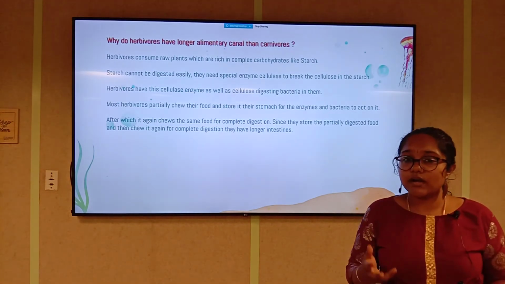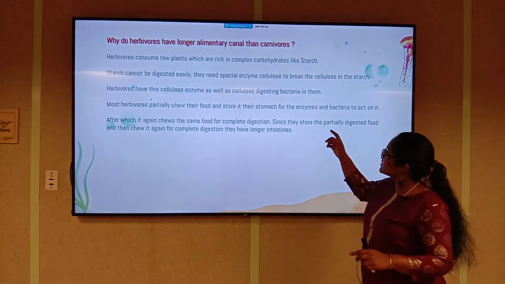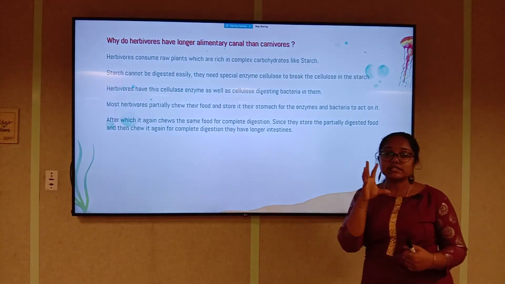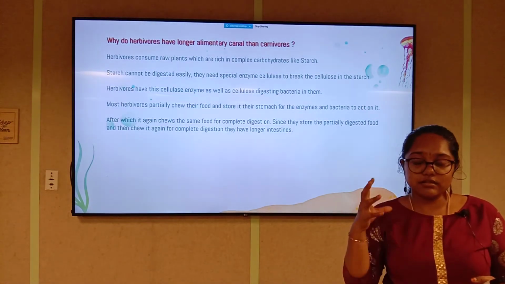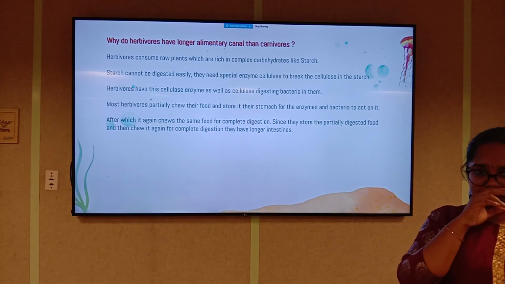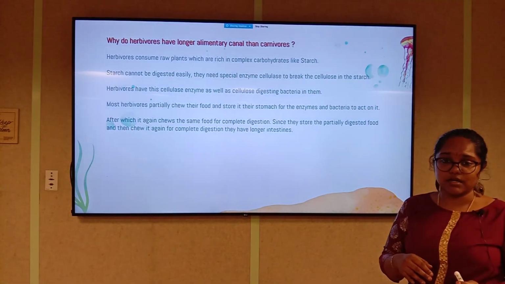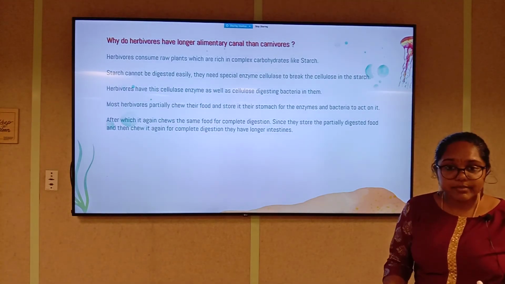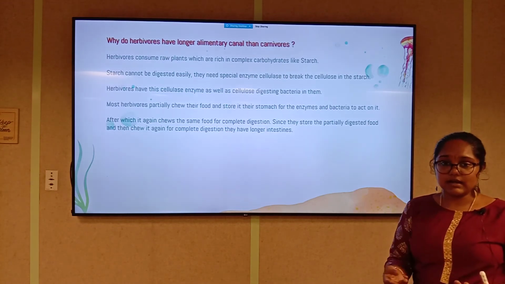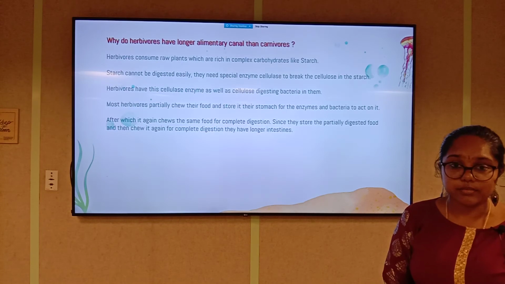Why is it so hard? Because of a complex carbohydrate called starch. Now the starch, if you see its chemical composition, is made up of cellulose, which is the most complex carbohydrate that cannot be digested by human beings and other animals which are not herbivores.